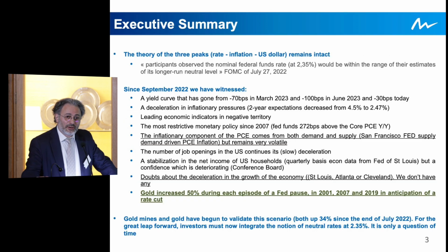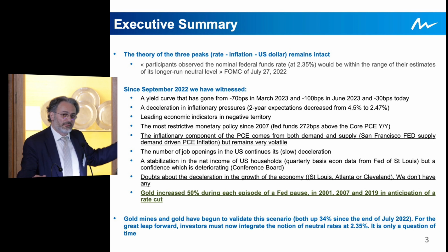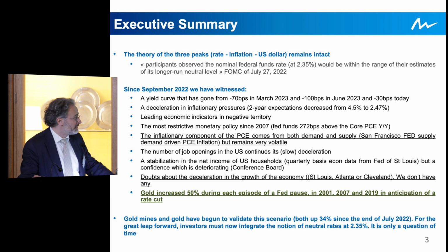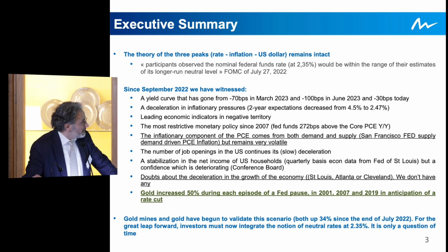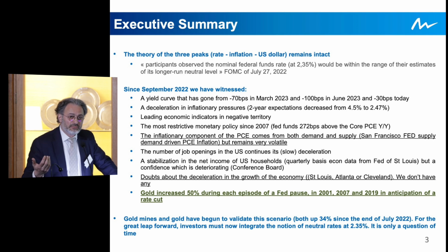As I said earlier, our theory was we have reached peak inflation, peak rates, and peak USD. And since September, or the summer of 2022, which is when we made this statement, this is what we have observed. The yield curve has gone from minus 70 bps to minus 100 bps, and now is reversing.